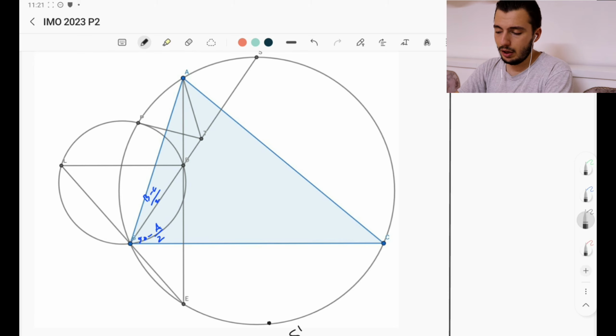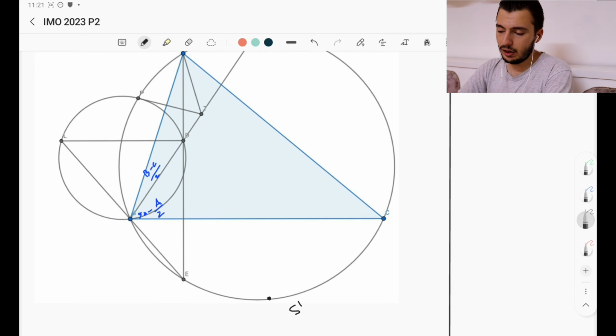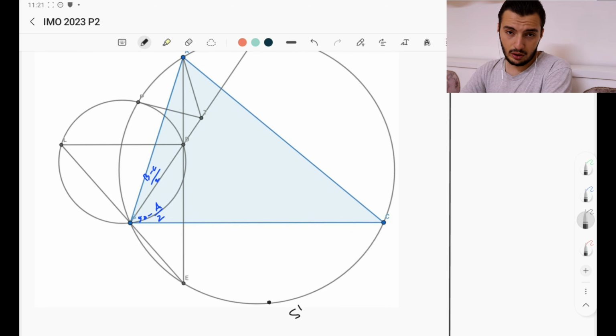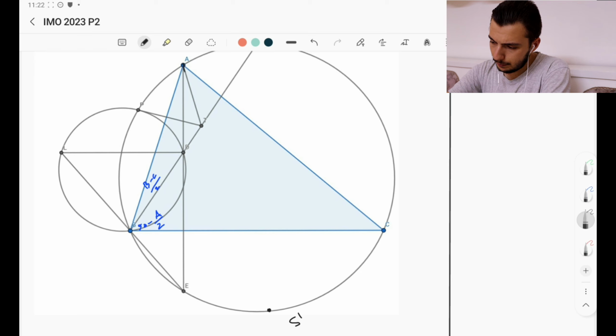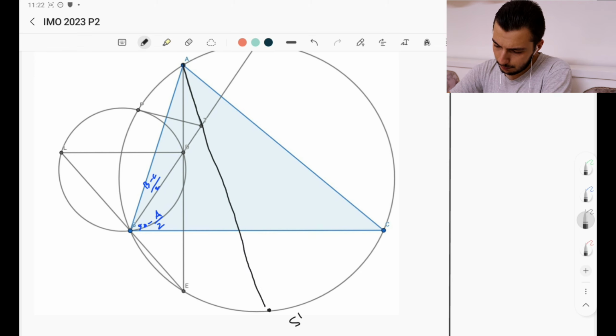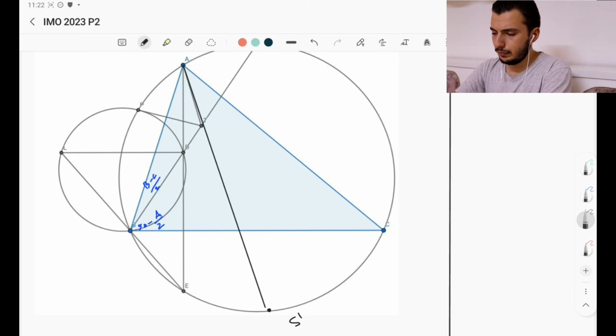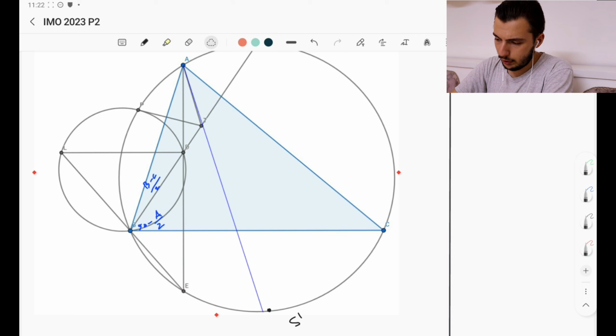For example, first of all, the midpoint of the arc BC, of course, naturally lies on the circumcircle because it's the midpoint of the arc. Also, it lies on the angle bisector, the internal angle bisector. So in this case, it lies on line AT. So for example, if we extend our line here, it should be somewhere here.